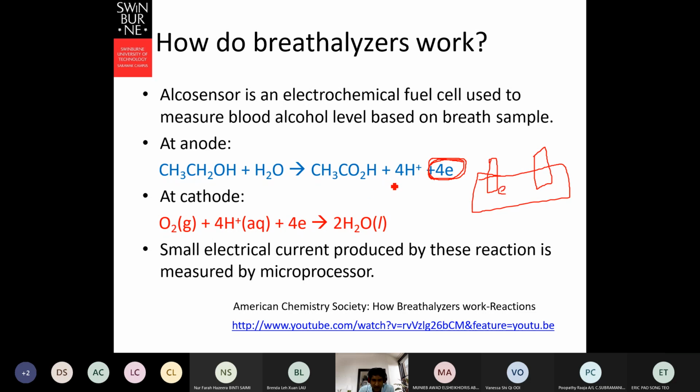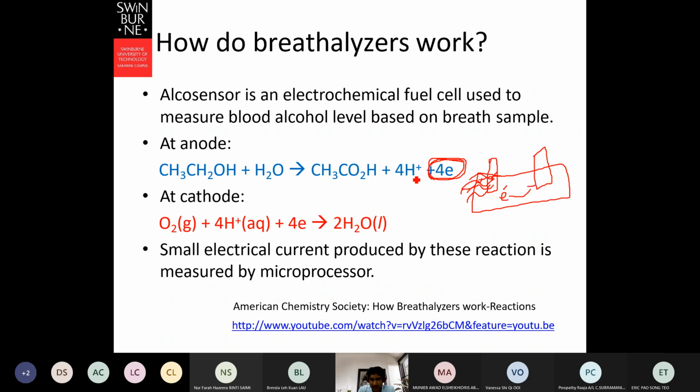So electrons are going into this, and this is difficult to draw simply. So when our breath comes in contact with this anode, the electrons are being produced from here.